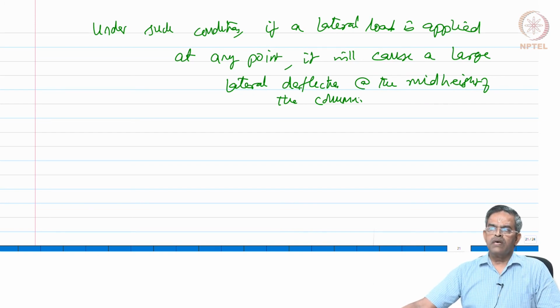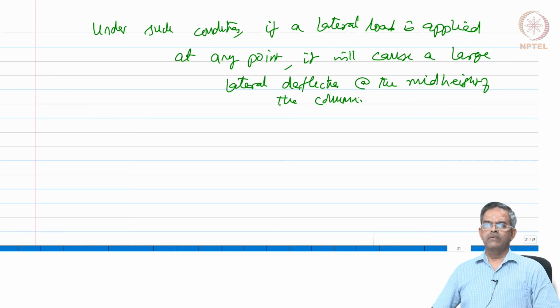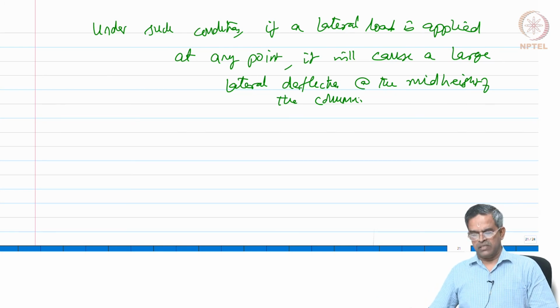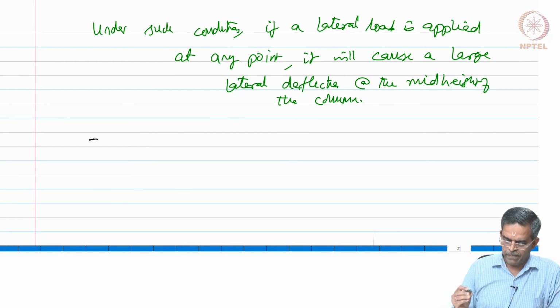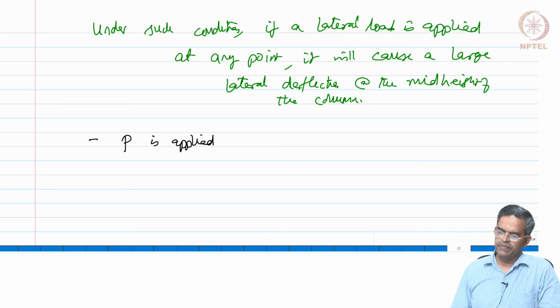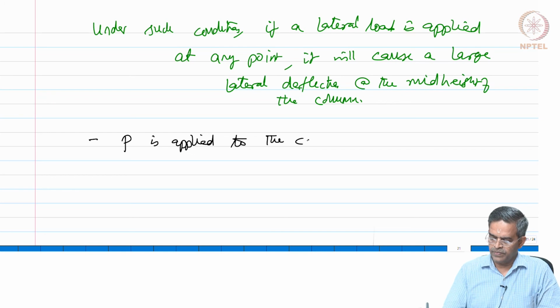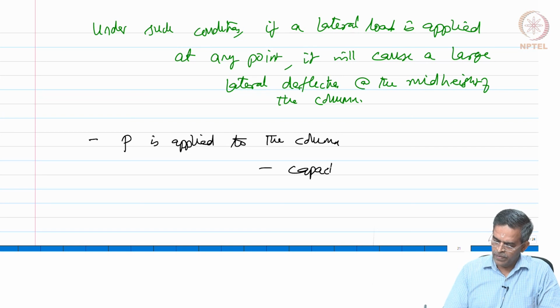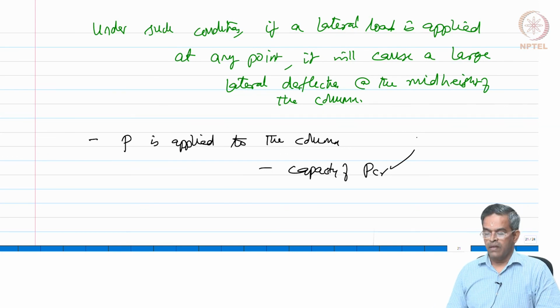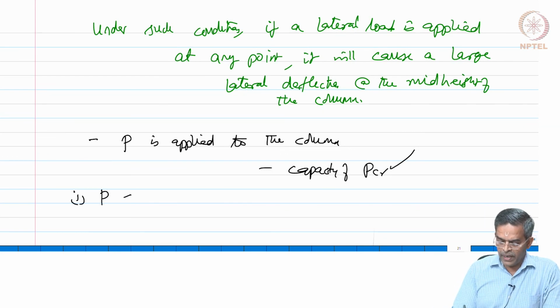Upon a continuous increase of axial load P, the straight form of equilibrium tends to gradually become unstable. Let us say P is applied to the column. The column has a capacity of PCR, which is known. Imagine that P applied is far lesser than PCR. The column will be stable.